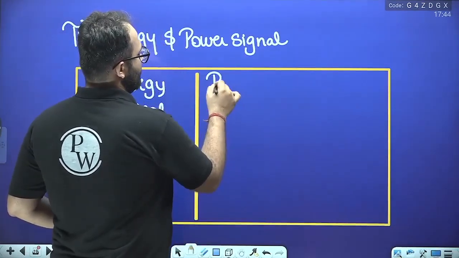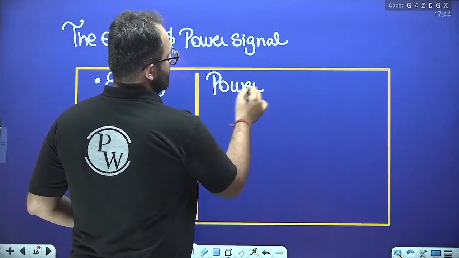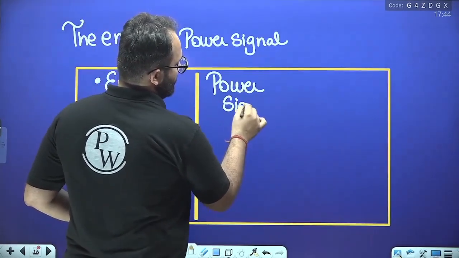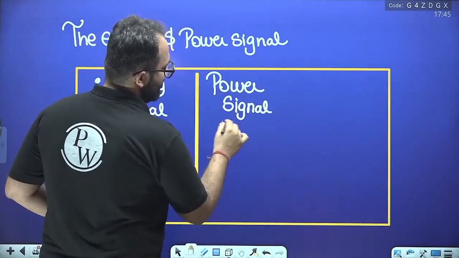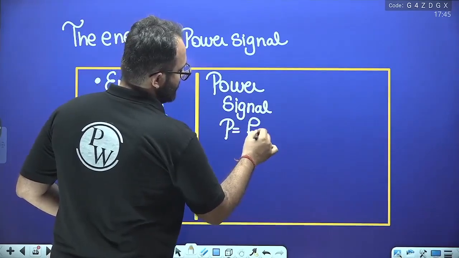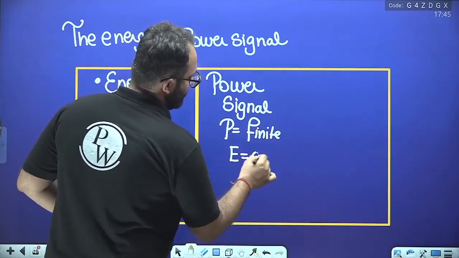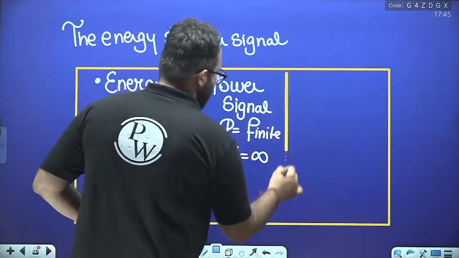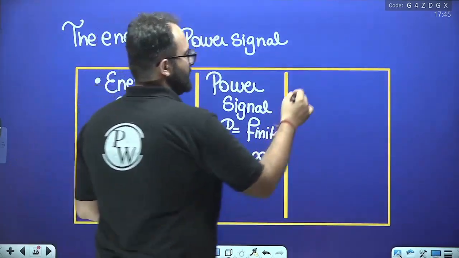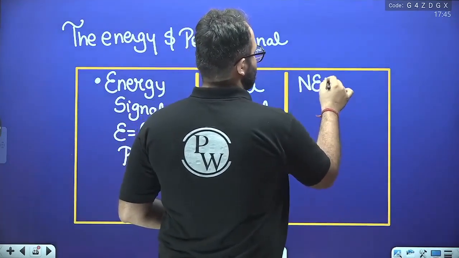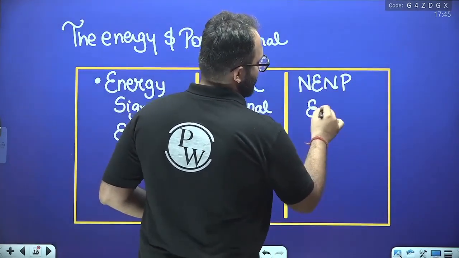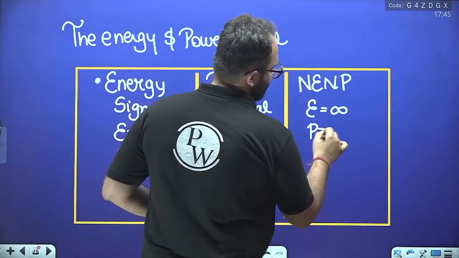If it is a power signal, then power will be finite and energy will be infinite. And third, for neither energy nor power signals, their energy is also infinity and power is also infinity.